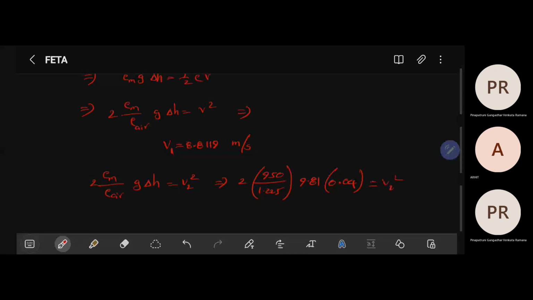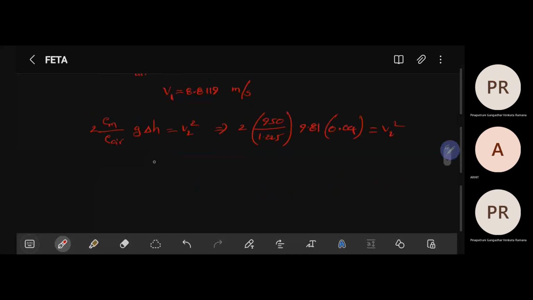What is this V2 here? 8.819 meters per second is too high. Okay, let's see. 40 mm, 0.95.